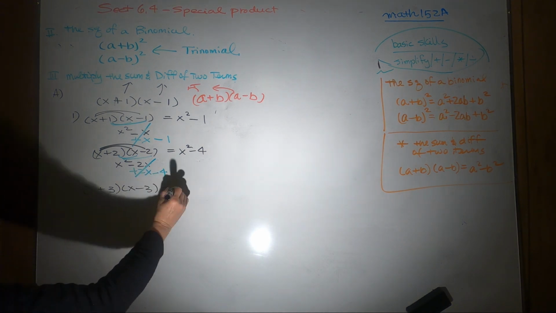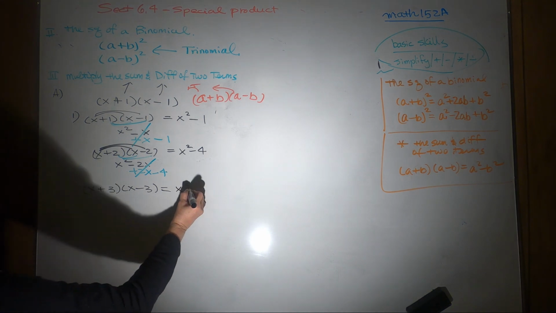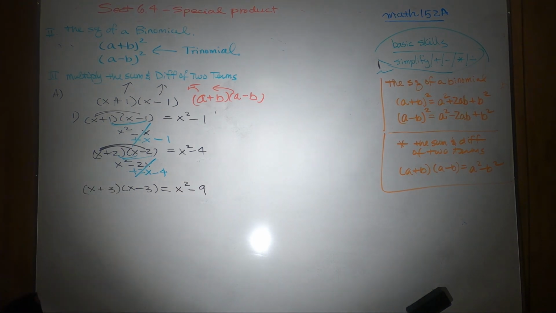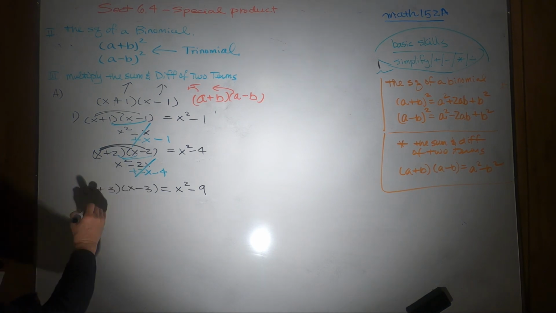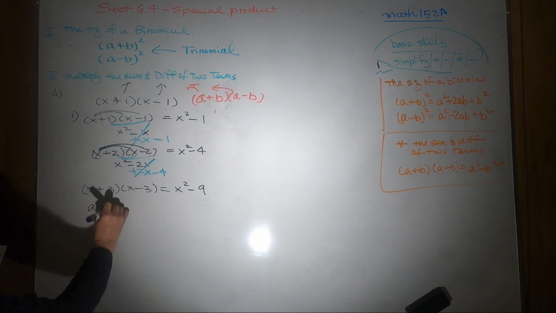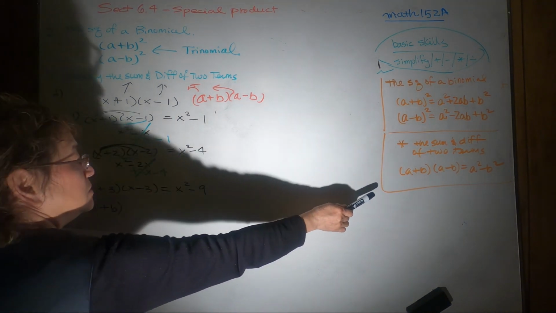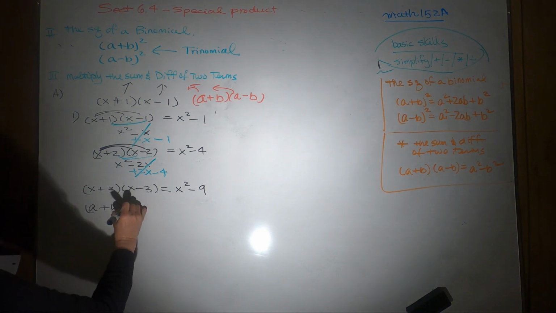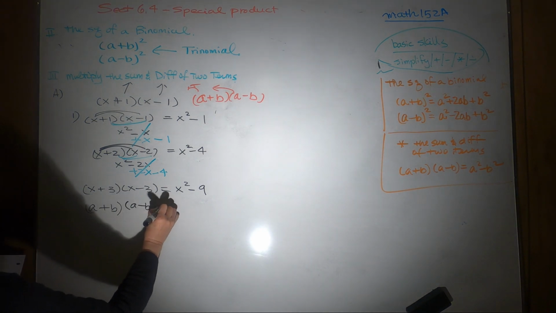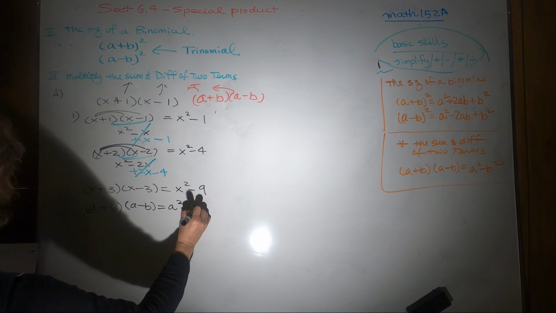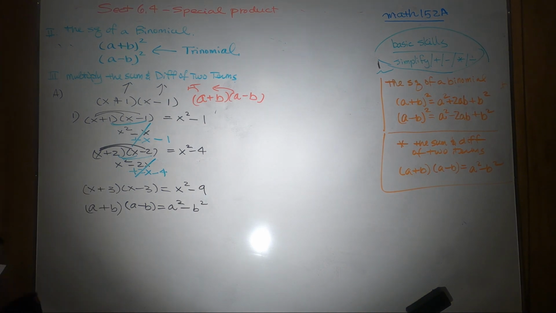First square minus second square, then minus 3 squared, that would be 9. That's all you need to do. You can just write the answer directly, a shortcut from the formula. So a plus b times a minus b will be a squared minus b squared, right?